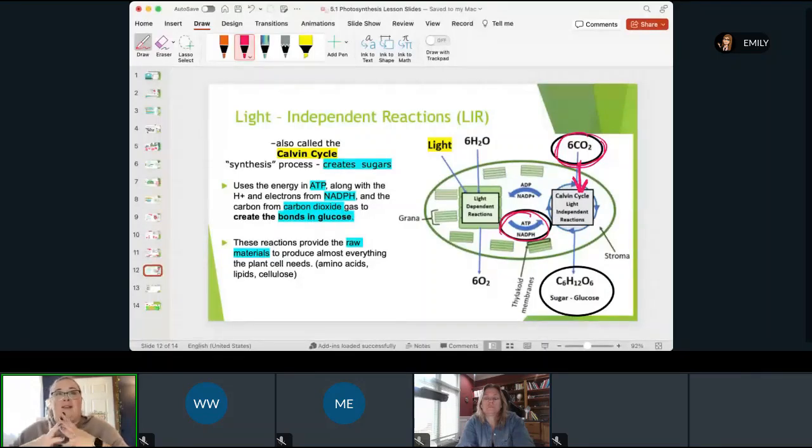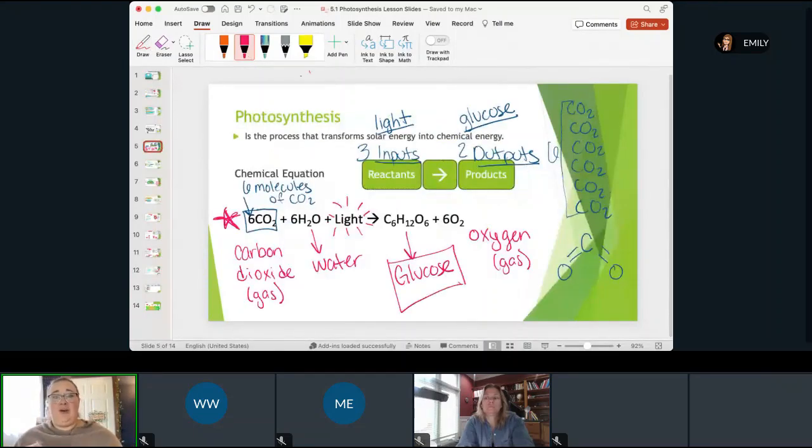So when you think about the overall big photosynthesis equation that we looked at the beginning, where was it? This guy, okay? You know, we only have 3 inputs. That's because there's only 3 things that have to go into the plant for the reaction to take place. So the plant has to take in carbon dioxide, the plant has to take in water, and the plant has to take in light.